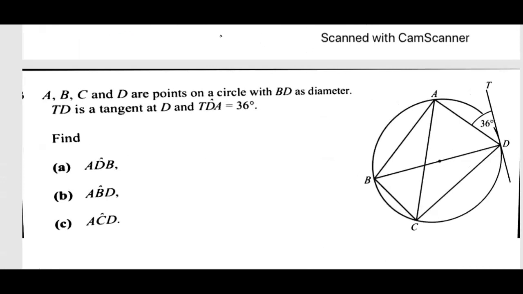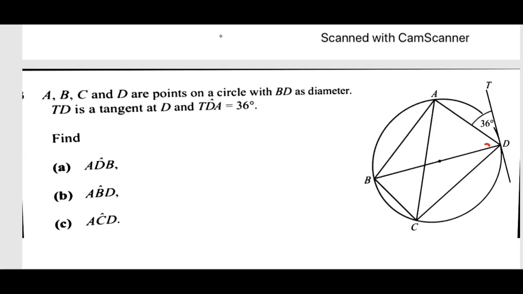So A, B, C, and D are points on a circle with BD as the diameter. TD is a tangent at D and TDA is 36. You need to calculate the angle ADB. Yes. So I'll mention the angle. We have to calculate ADB.